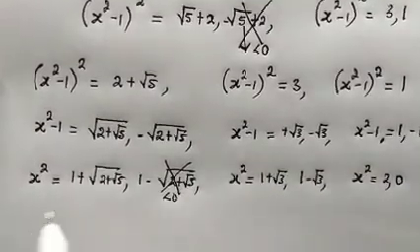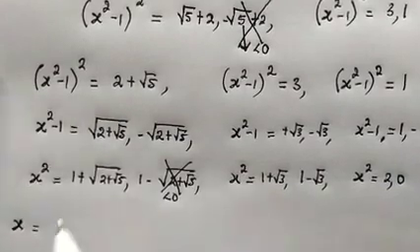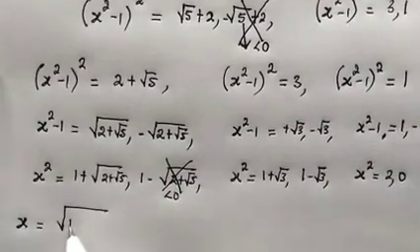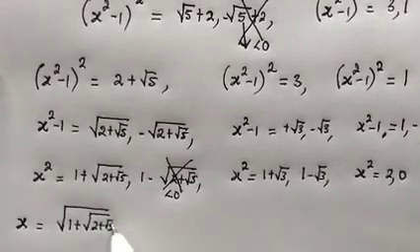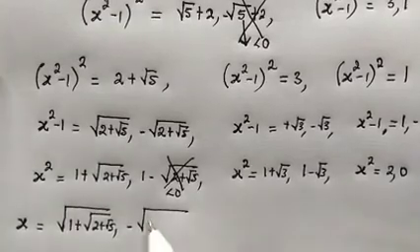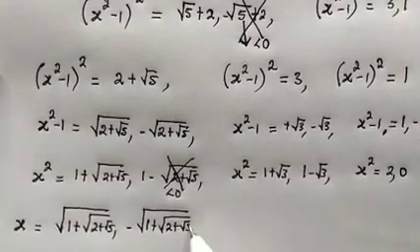Then we can take the square root one more time. We have the following solutions. x is equal to plus or minus the square root of this, which will have the square root of 1 plus the square root of 2 plus root 5, first solution. The second solution is negative square root of 1 plus square root of 2 plus root of 5.